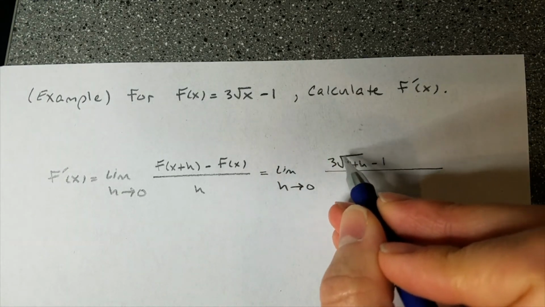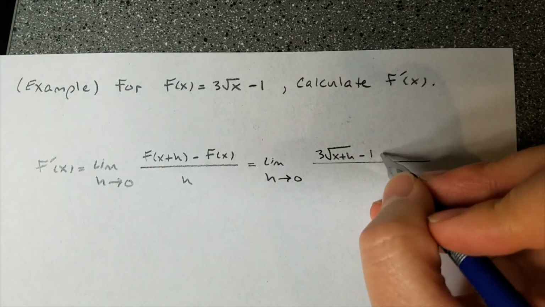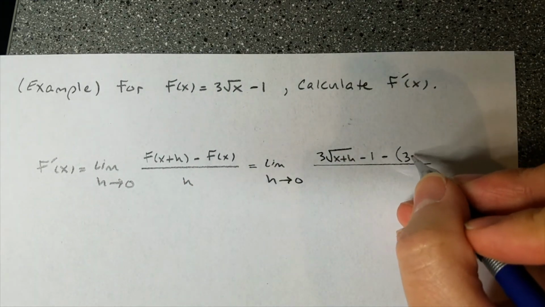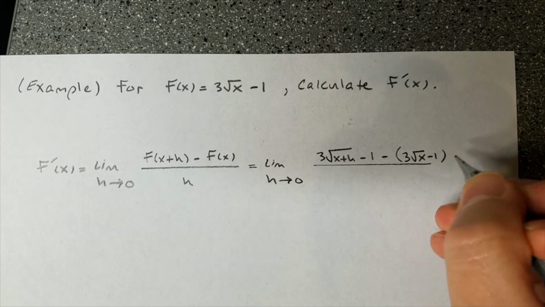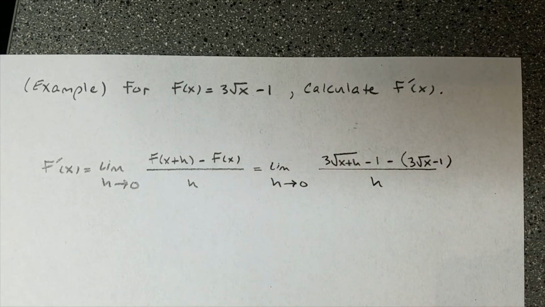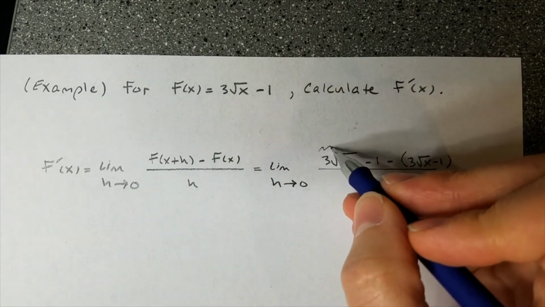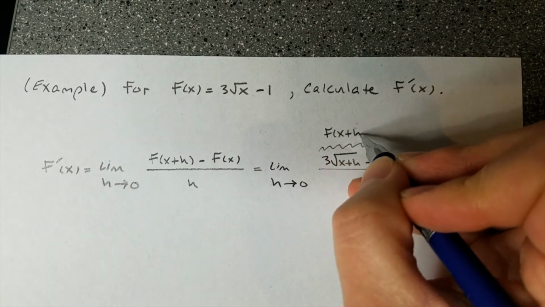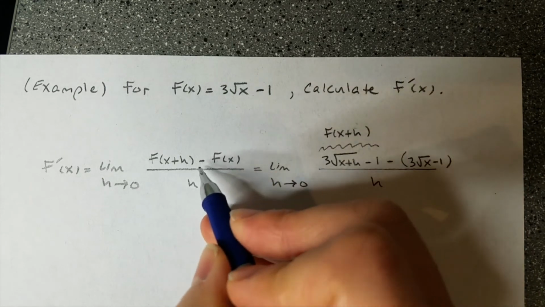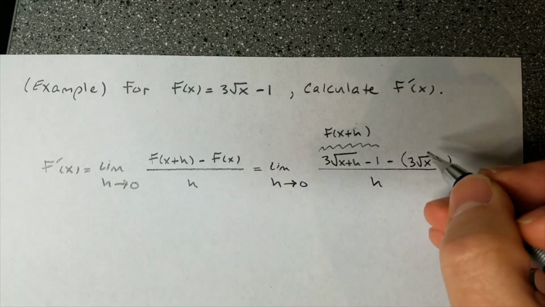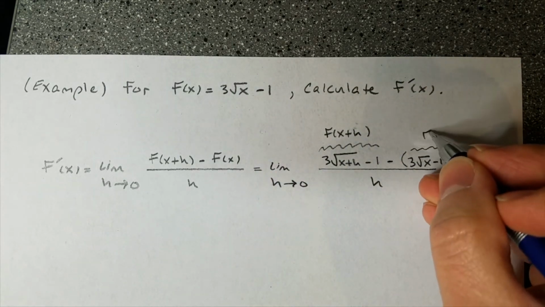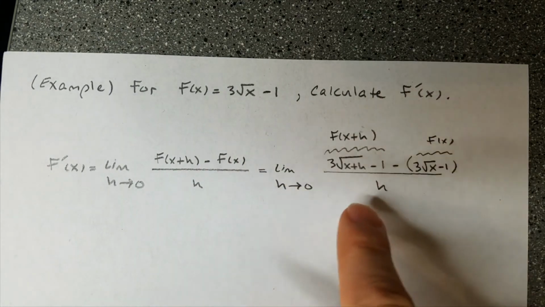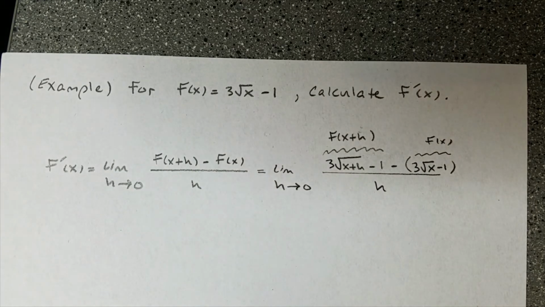So there's f(x + h) right there, minus f(x), over h. So this part right here, that's f(x + h). This is obviously that minus that's built into the formula. And this part right here, that's f(x). Do you see everything? Do you see how everything here matches up with that one?